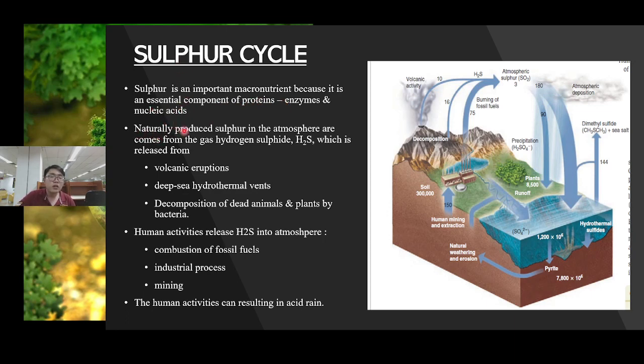And then the sulfur naturally produced in the atmosphere, not the human produced one, comes from the gas hydrogen sulfide. So it may be released from volcanic eruptions, deep sea hydrothermal vents, and decomposition of dead animals and plants by bacteria.